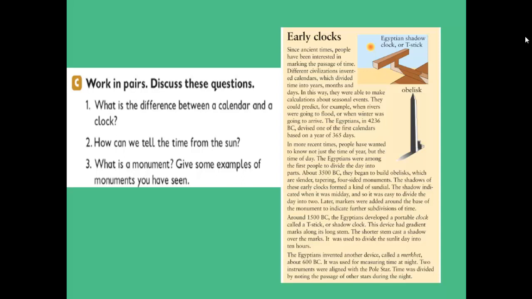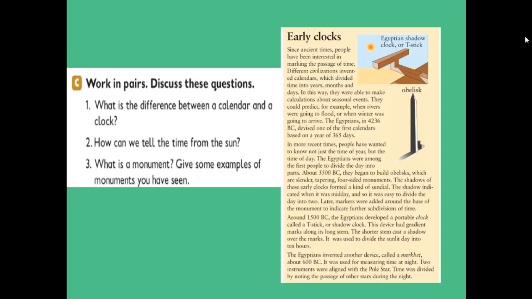Since ancient times, people have been interested in marking the passage of time. Different civilizations invented calendars, which divided time into years, months, and days. In this way, they were able to make calculations about seasonal events.